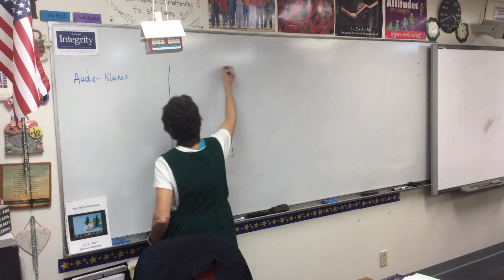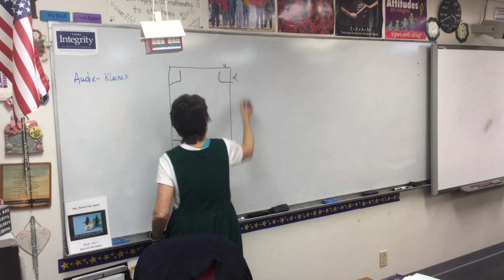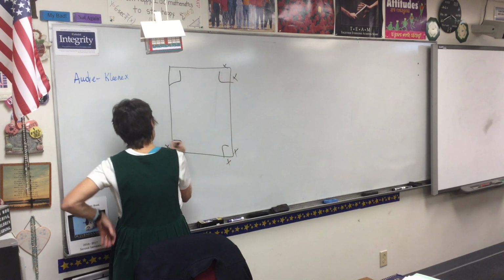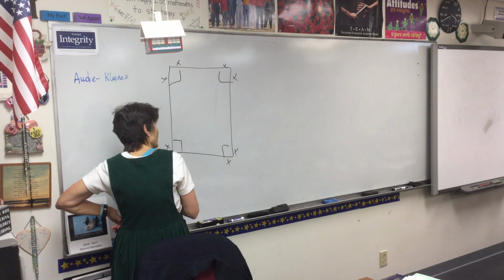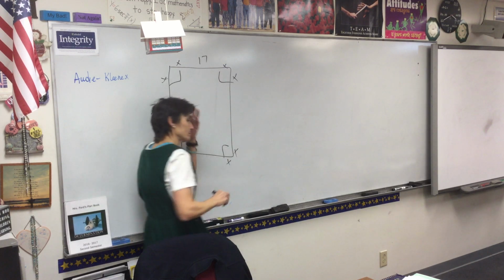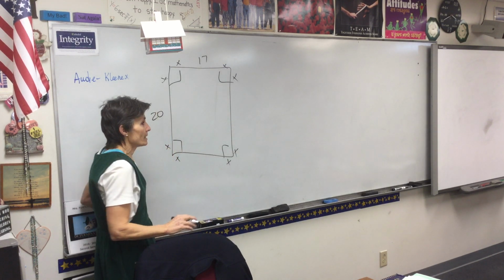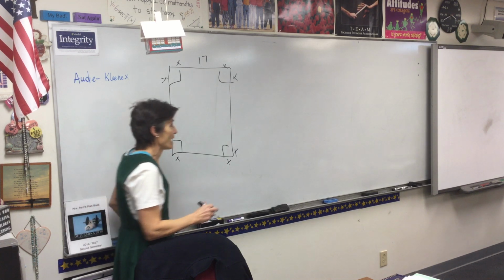So we're going to have a piece of paper. We're going to cut the corners out. You know how we do. And the piece of paper is going to be, let's say, 20 by 17. And you're going to have to answer 3 questions about that.